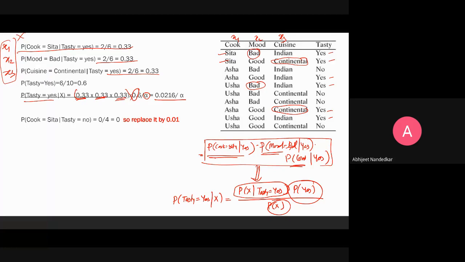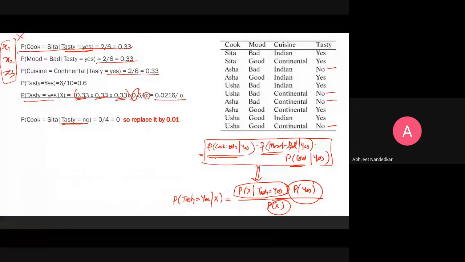Okay, so we follow the same steps. Only thing is that now here I have to say taste is equal to no. Earlier it was taste is equal to yes. So let us see now. So probability of cook equal to Sita, given the thing is taste is no. So first of all, let us mark the samples where there is no taste.